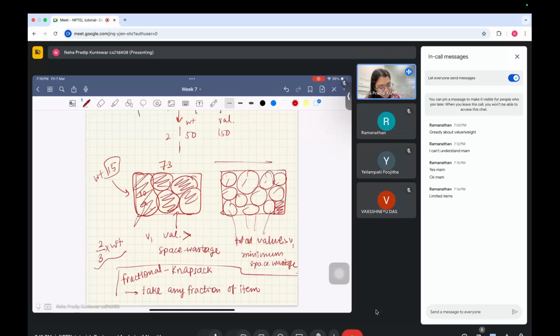So this is a correct solution for the fractional knapsack problem, which is a greedy strategy. But it will not work when I'm imposing integral constraints, that an item will either be taken or not be taken. You can't take half or something like that. So is this clear?